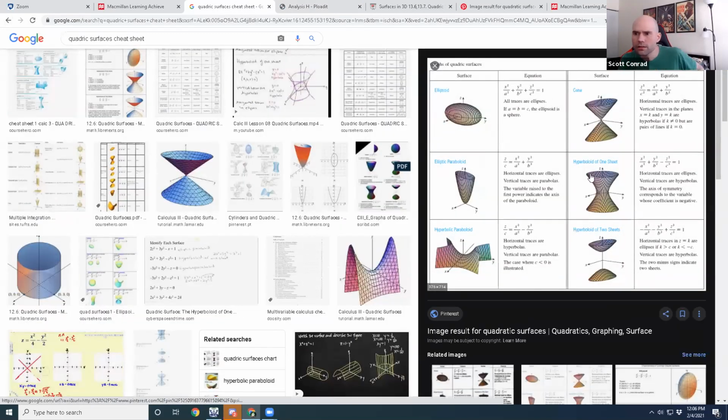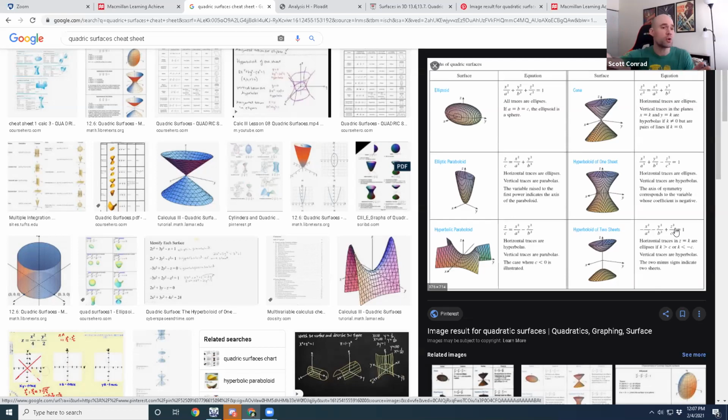But yeah, it's going to look like these, right? So you have ellipsoids, elliptic paraboloids, hyperbolic paraboloids, cones, hyperboloids of 1 sheet, hyperboloids of 2 sheets, and just memorize what the forms of the equations look like. So you can switch around the x's, y's, and z's, but they're all going to have these types, and you need to be able to draw the traces, right?